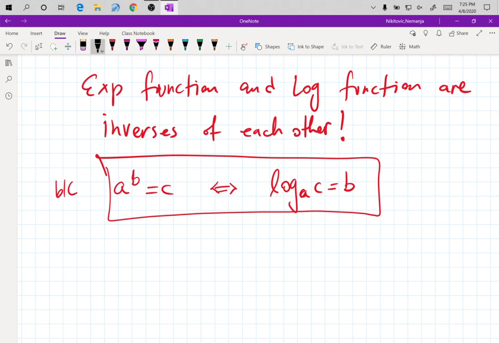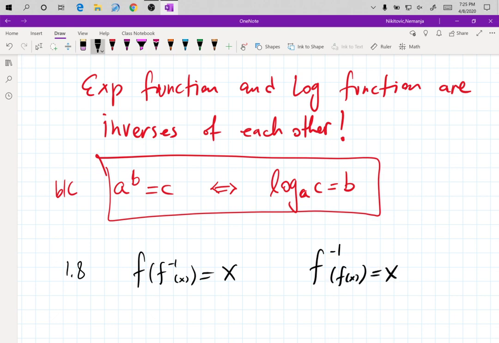Remember that for inverses we had the function composition. So we know from inverses, this is, I believe, 1.8, that a function composed with the inverse will give us x, and the inverse composed with the function will give us x.